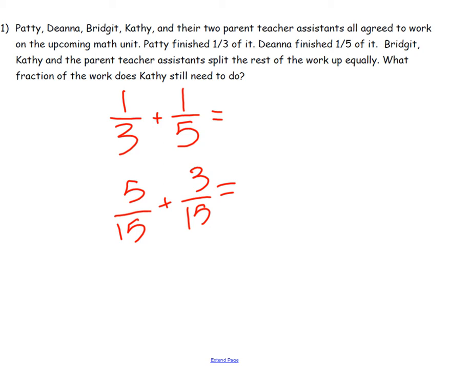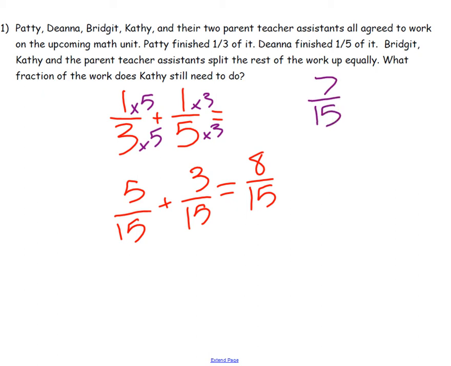So those 2 ladies accomplished 8/15ths of the work. That is more than half. Okay? So how much work does that leave for everyone else? 8/15. How many 15ths are left to go? 7. So there's 7 15ths left for everyone else to do.